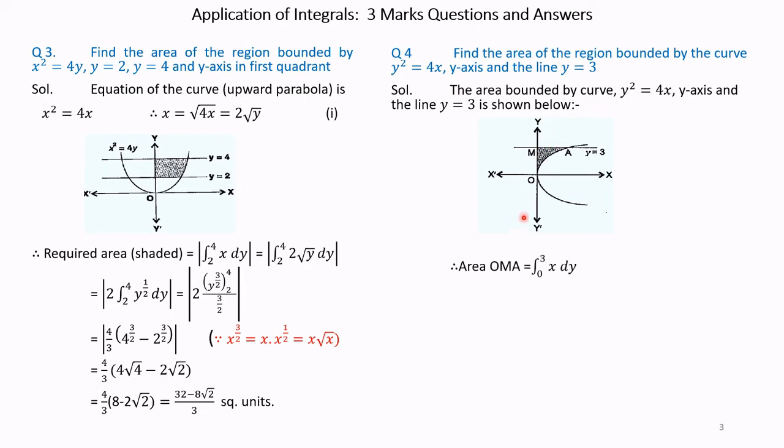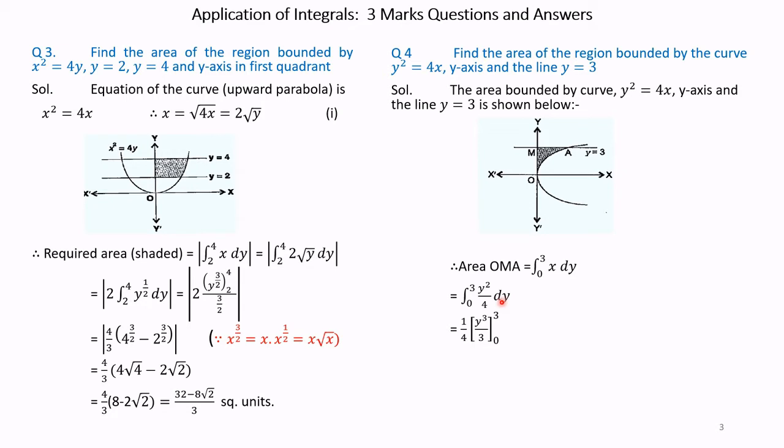So the area OMA is equal to integral 0 to 3 of x dy. We can substitute the value of x as y square by 4. So y square by 4 into dy, it is integration with respect to y.